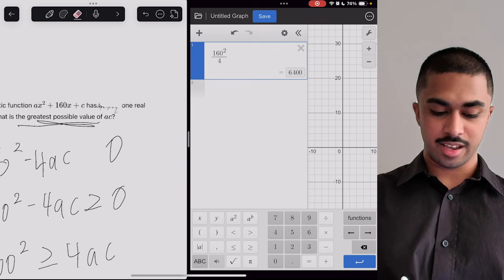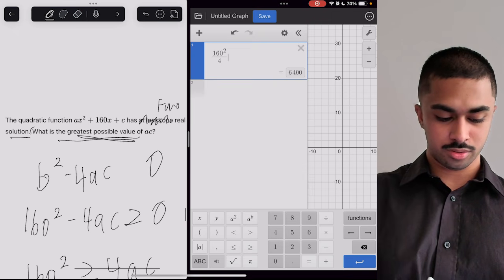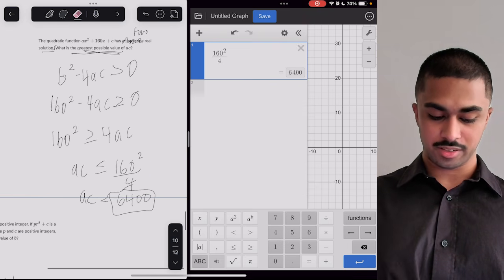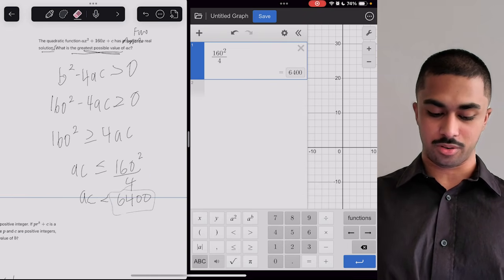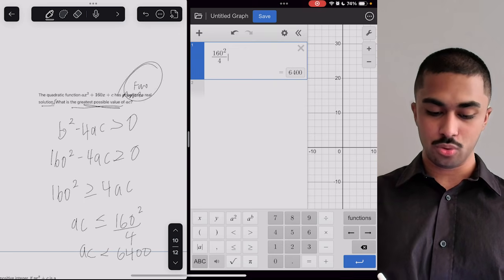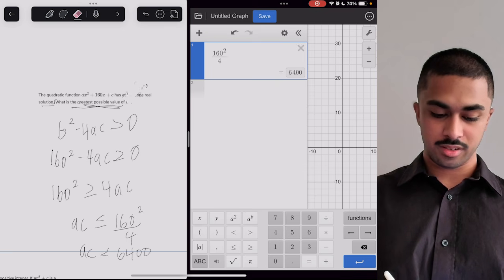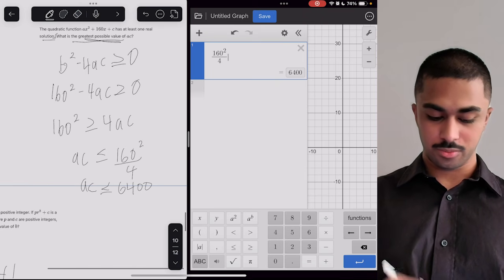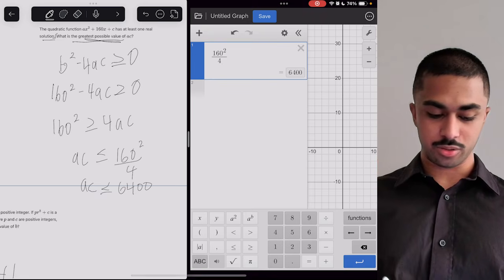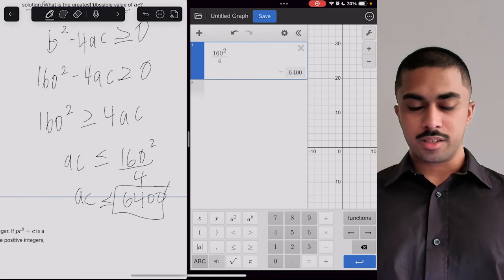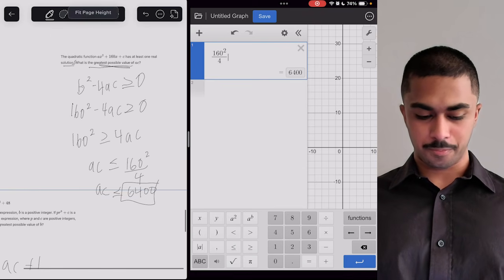If it said it has 2 real solutions, then this would be greater than 0, and this would end up as AC is less than 6,400. So the answer, if it said 2 real solutions, would be 6,399. But since it says at least one real solution, we add these equal to signs back. 6,400. That's our answer.